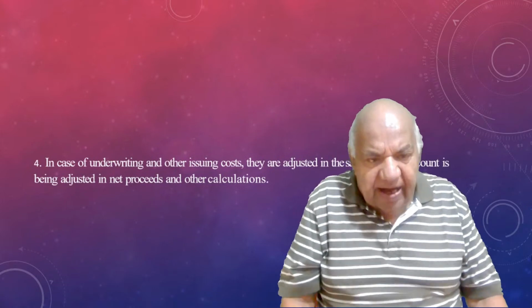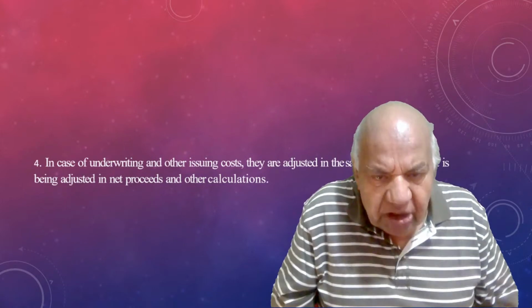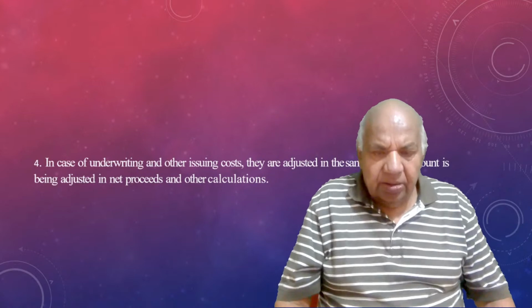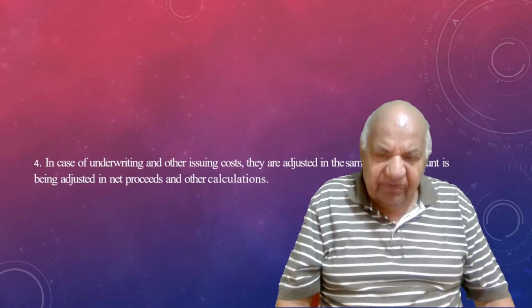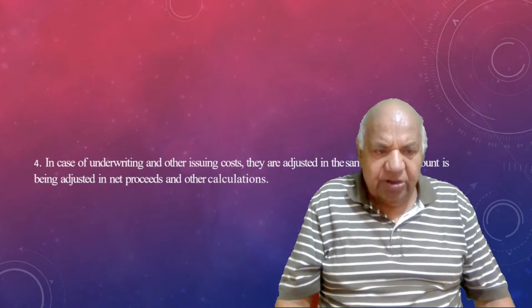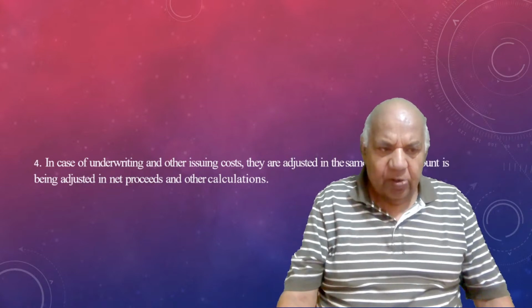In case of underwriting and other issuing cost, they are adjusted in the same way as discount is adjusted in net proceeds and other calculations.